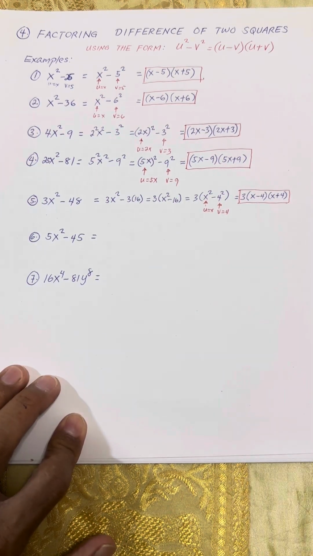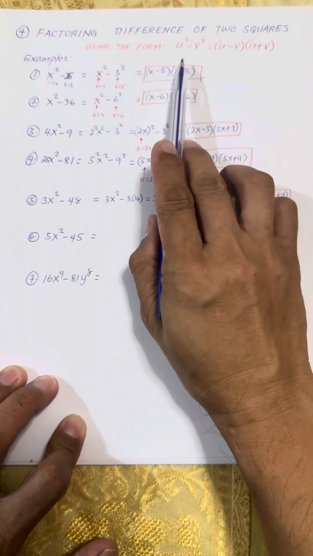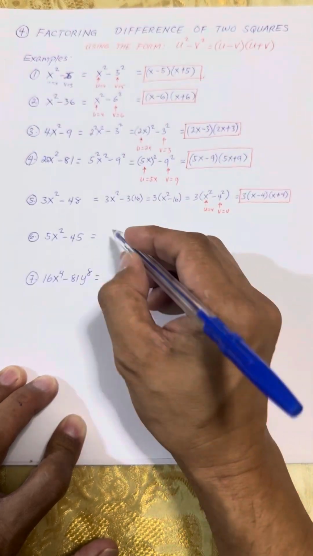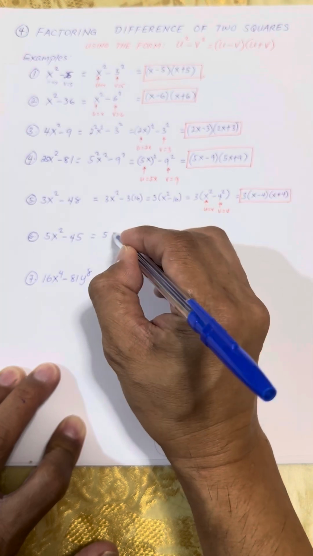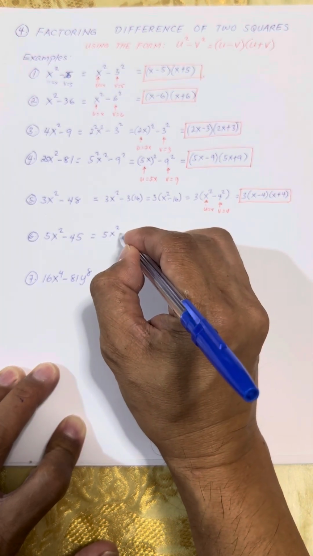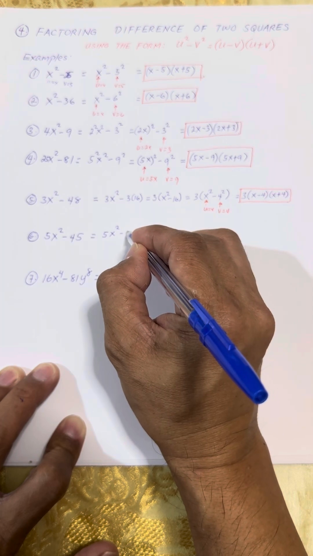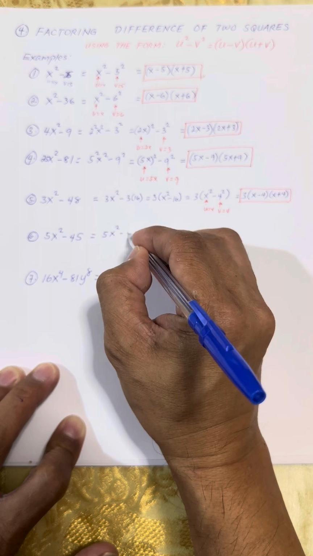So the next problem is number 6. If you look at number 6, we cannot immediately use this form, right? So we have to rewrite it in such a way that we can apply the other method of factoring. So 45 can be written as 5 times 9, right?